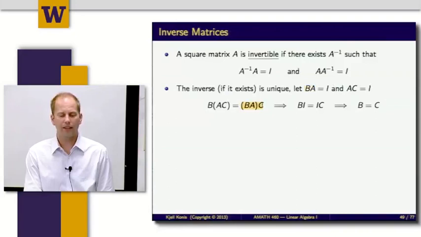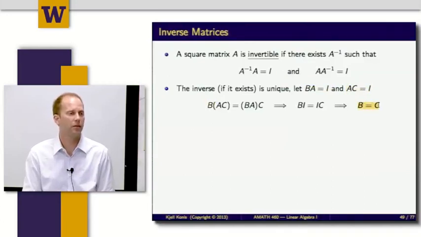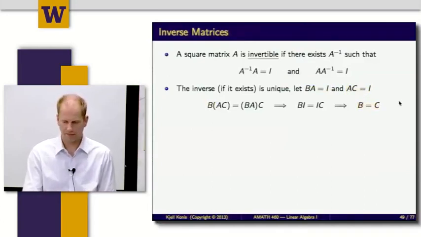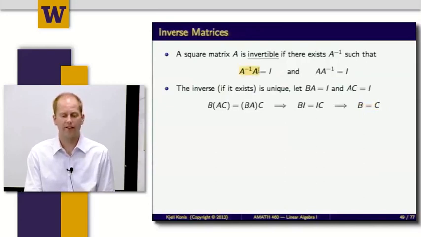So this is I times C, which is the same thing as C. So if I assume BA is equal to the identity matrix and AC is equal to the identity matrix, then you can make an argument like this to say that B has to be equal to C. So there can only be one matrix that satisfies these two properties, if an inverse exists.